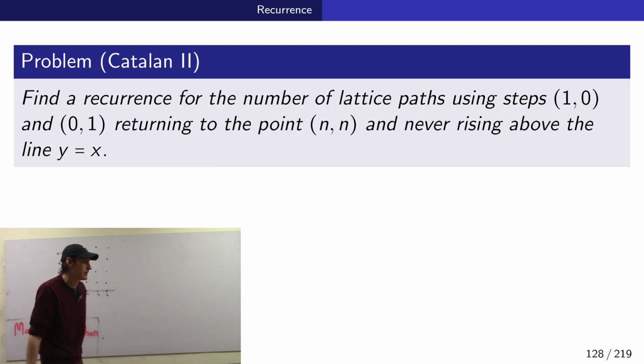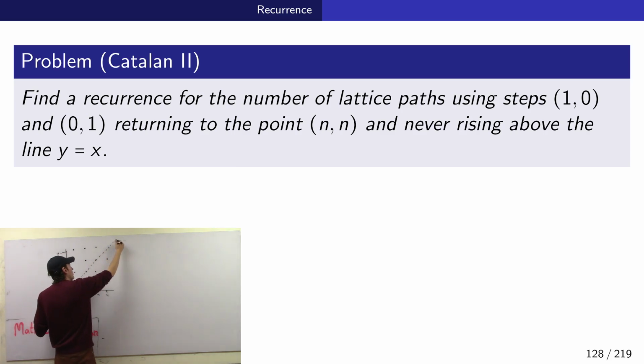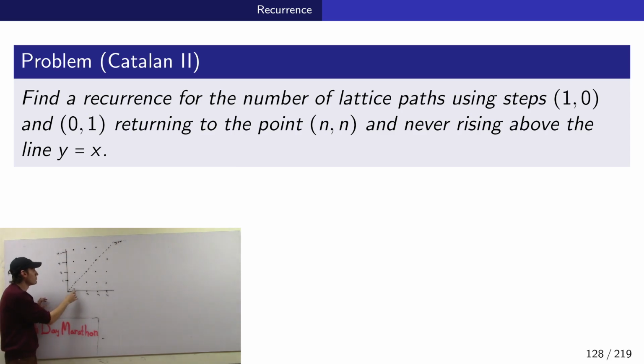All right. And the idea is we have this line, which isn't perfect here. We have this line right here that I'm going to put in. This is the line y equals x. So I want to think about a way to move through this lattice by just moving east and north, never traveling above this line.